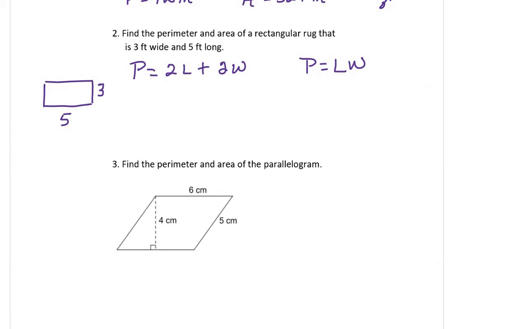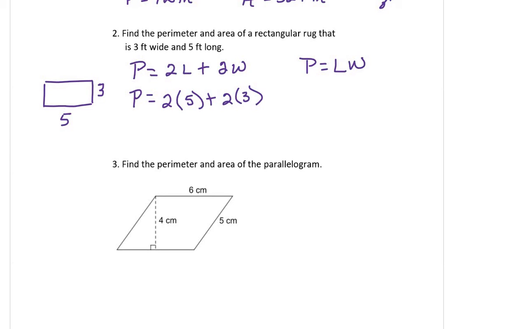Okay, there are my formulas written down. So for perimeter, I'm going to put 5 in place of the L, and I'm going to put 3 in place of the W. Now 2L means 2 times L, so in this case it's going to be 2 times 5, and 2W, 2 times W, in this case 2 times 3. It doesn't really matter which one you call the length and which one you call the width.